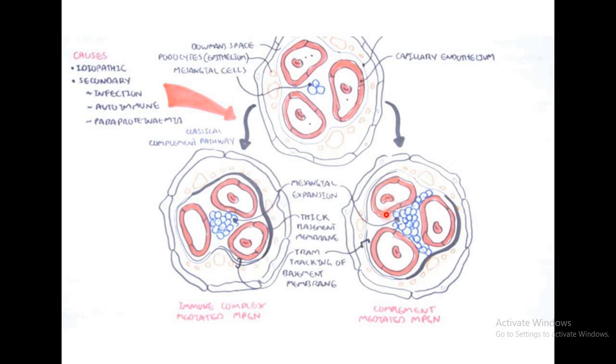As a result, on this also there will be deposits. So this leads to the tram track appearance or double contouring of the basement membrane. So this is called tram tracking of the basement membrane. This is because of interposition of the mesangial cells on the capillary wall, and upon that also there will be deposits. As a result, they will lead to double contouring or reduplication of the basement membrane, leading to the tram track appearance.